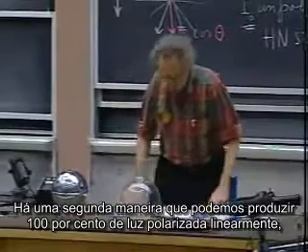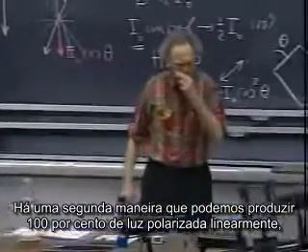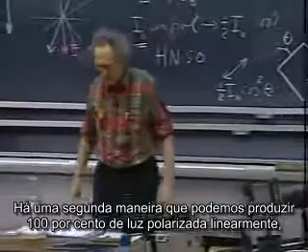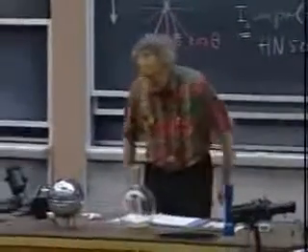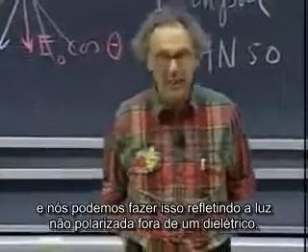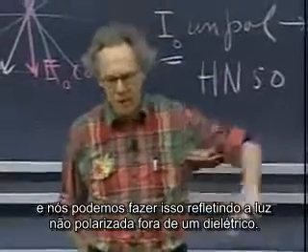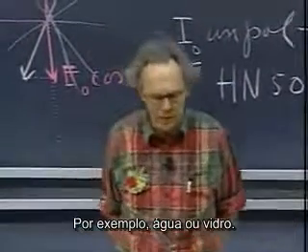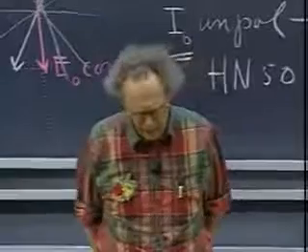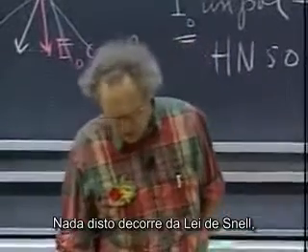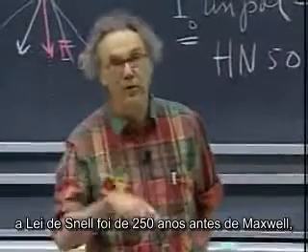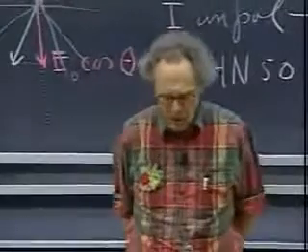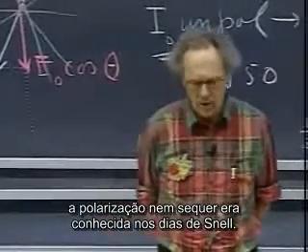There's a second way that we can produce 100% linearly polarized light, and we can do that by reflecting unpolarized light off a dielectric, for instance water or glass. None of this follows from Snell's law. Snell's law was 250 years before Maxwell. Polarization wasn't even known in the days of Snell.